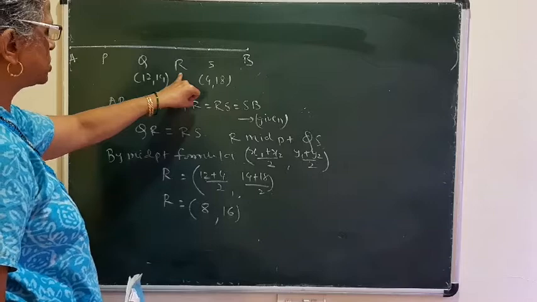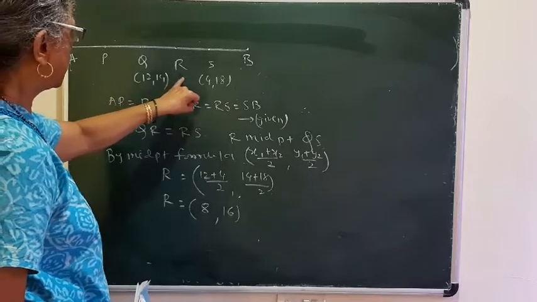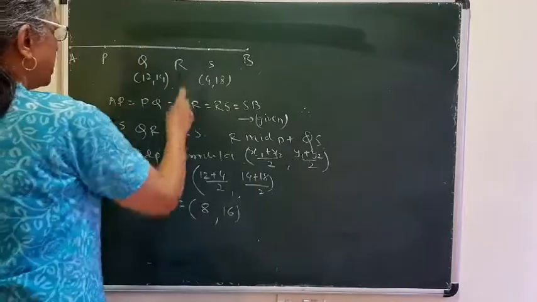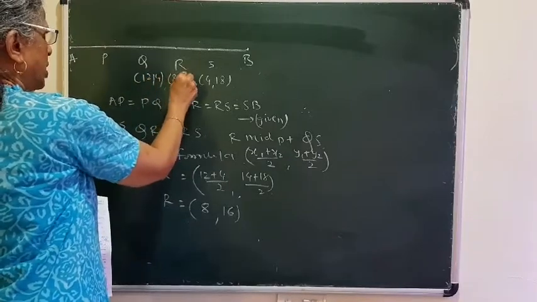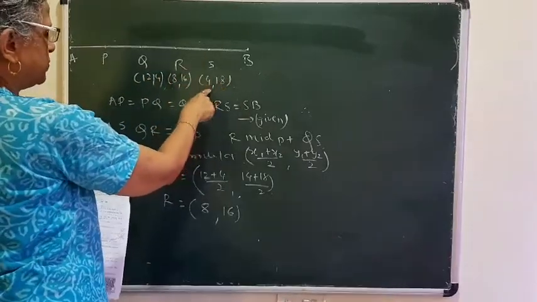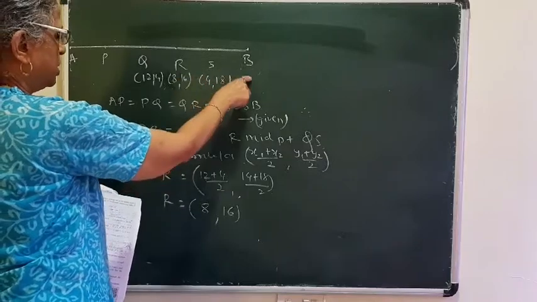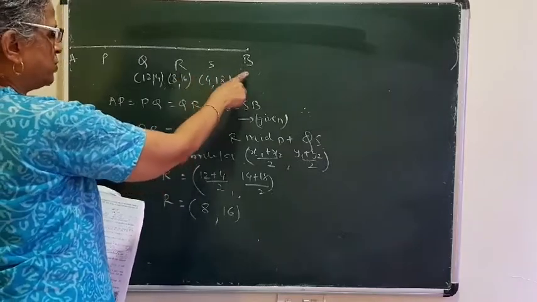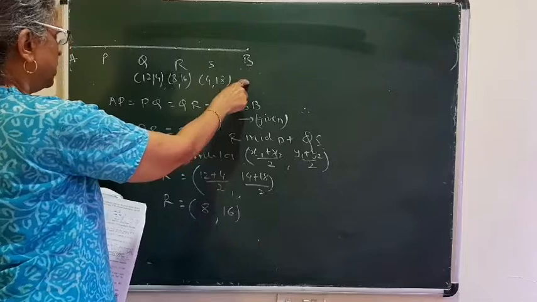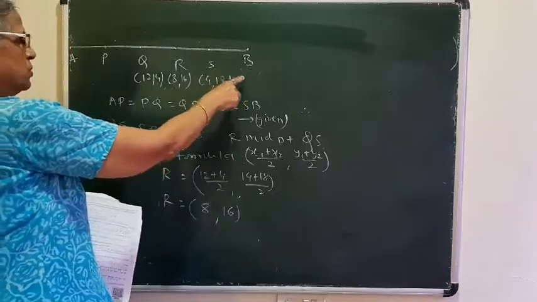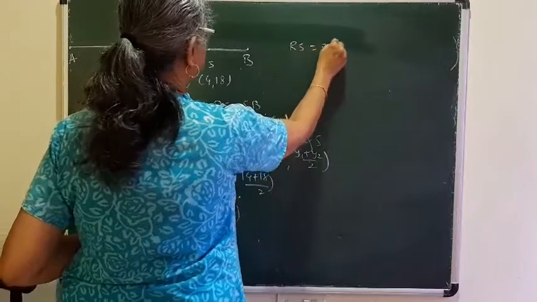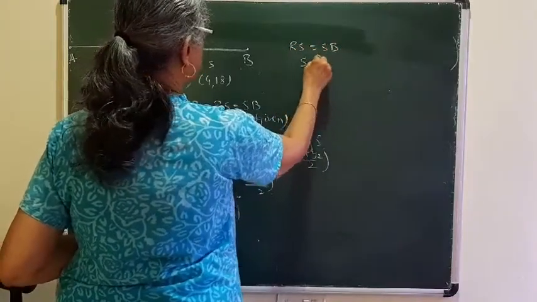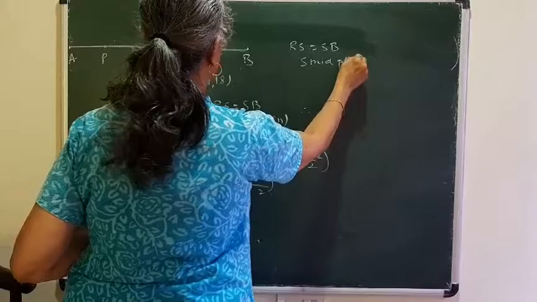After getting coordinates of point R, now here we have coordinates of R as 8 and 16 and coordinates of S, which is the midpoint of RB. These are also available. So from that we can find out coordinates of B. Followed? So as RS is equal to SB, S is the midpoint of RB.